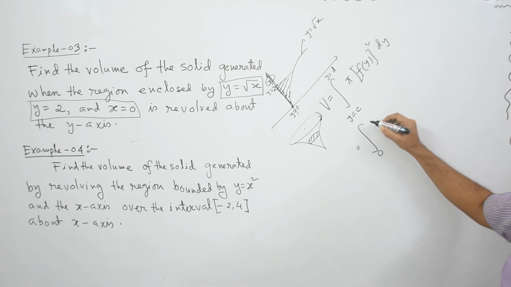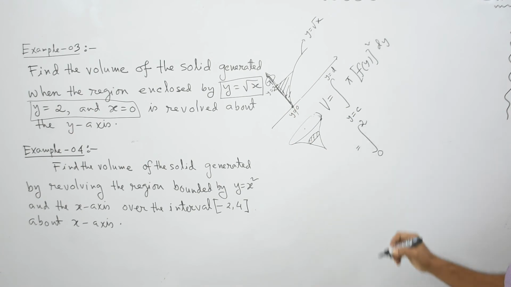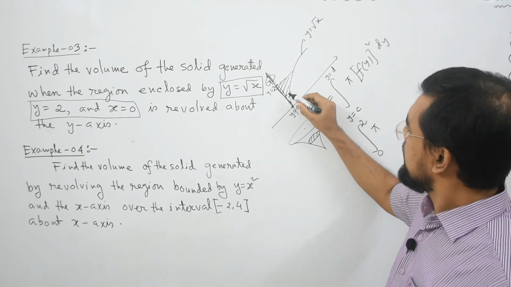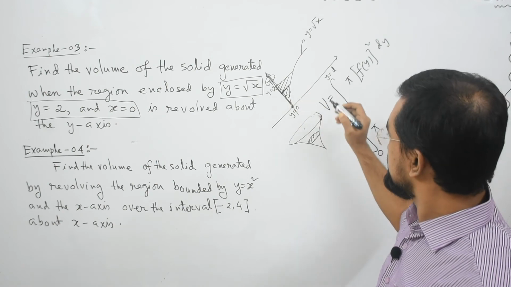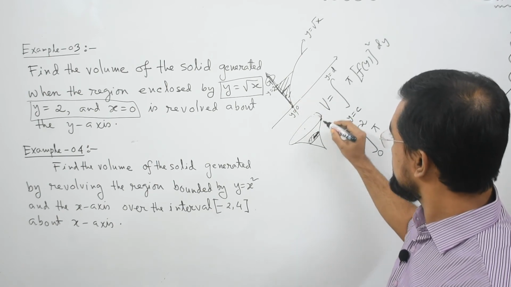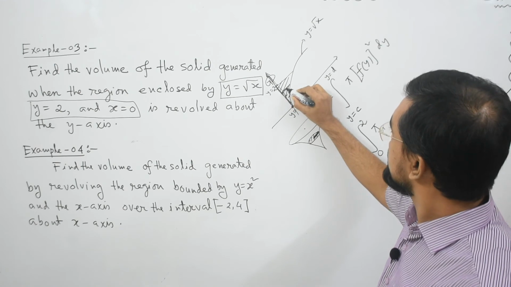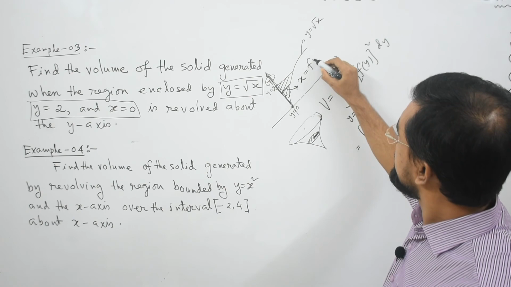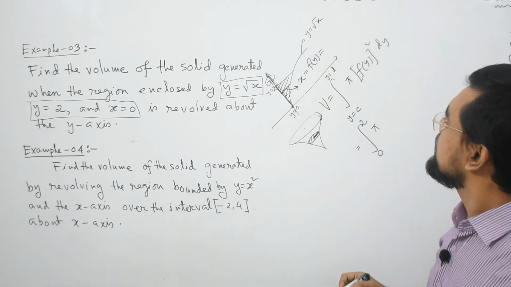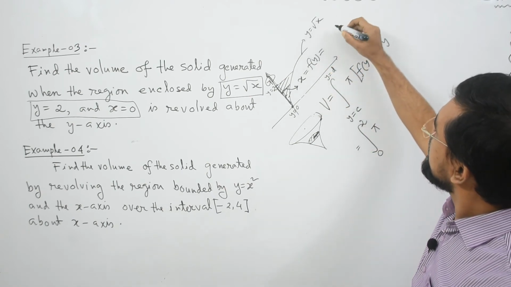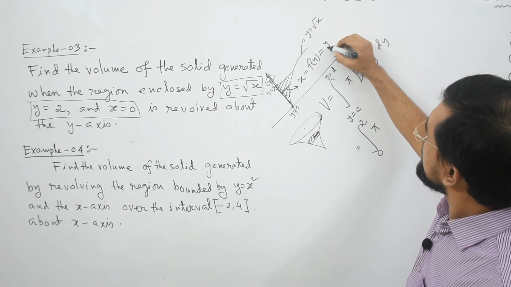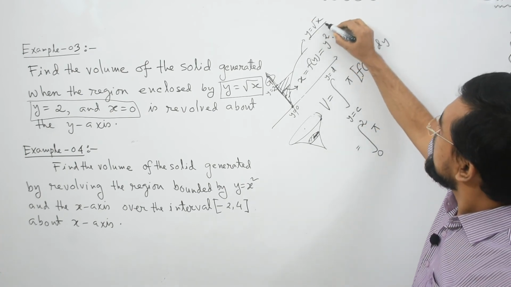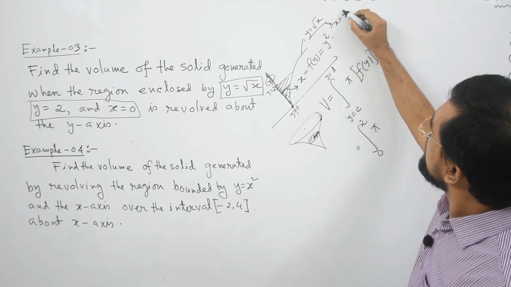So the lower limit will be 0 and the upper limit will be 2, pi f(y) square, and f(y) means the radius of this solid. It means this distance, which is nothing but x equal f(y), and from here x equal y square.